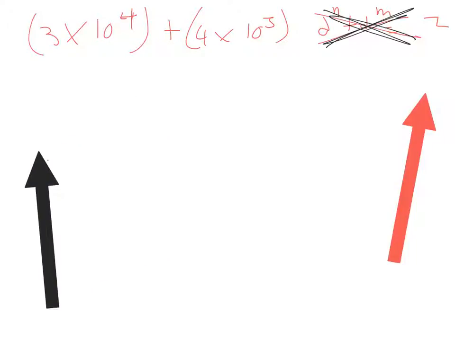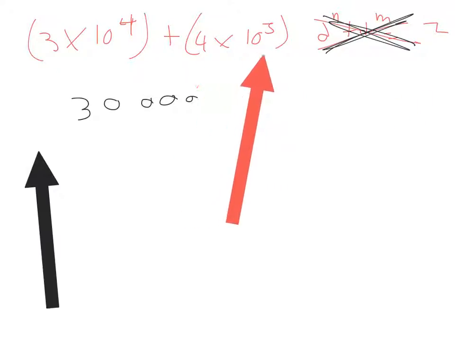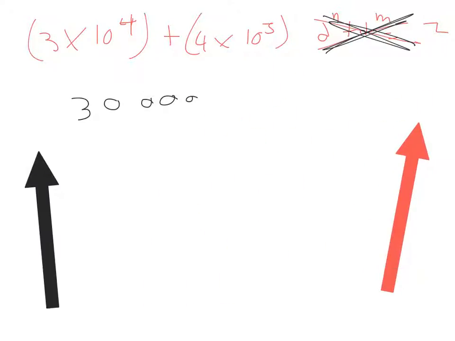There are several ways to get quicker, but in order not to get confused, we can just transform the first number into a full, normal number, so it would be 30,000, and the second number into a normal number as well, which is 400,000.